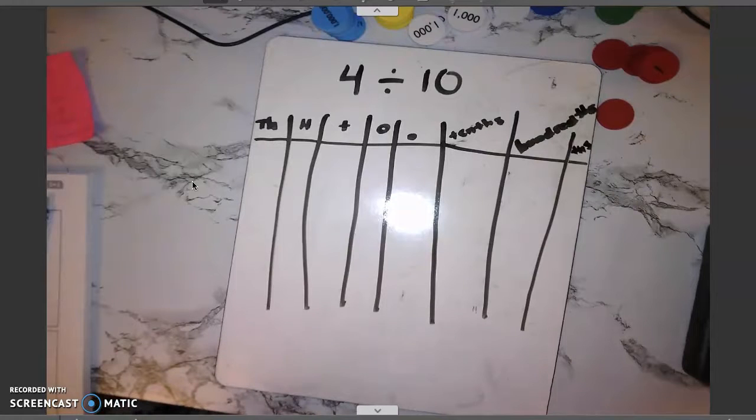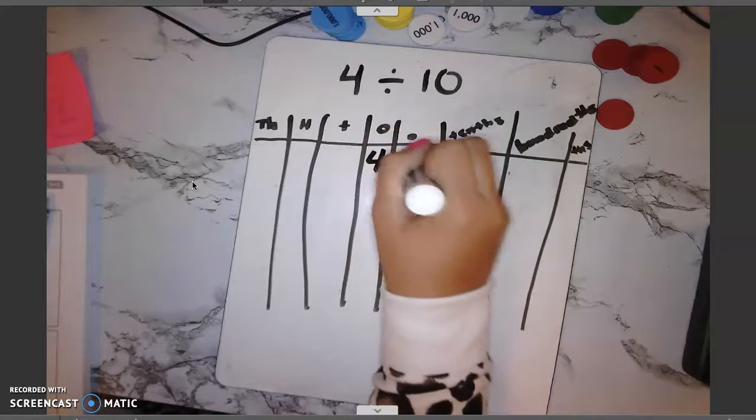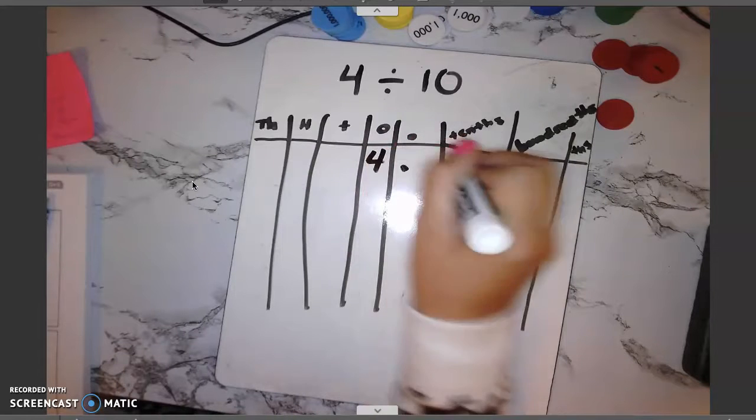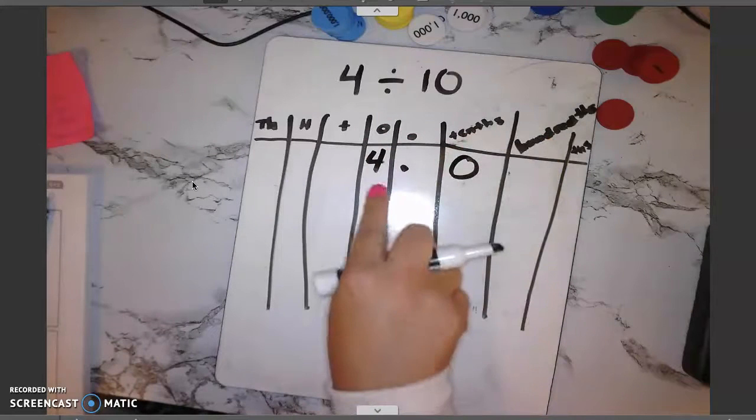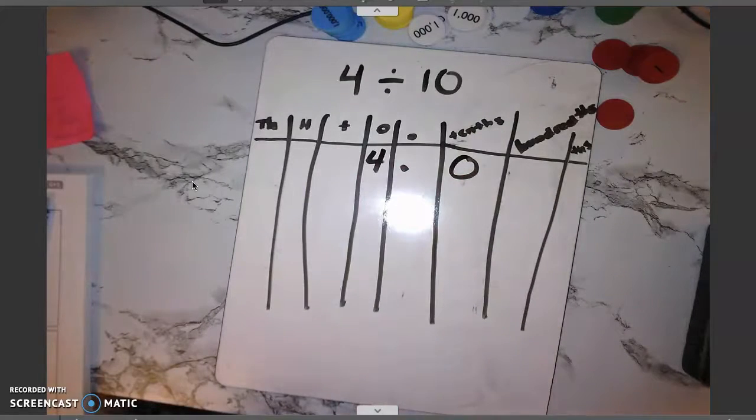Now, if I had my number 4 ones, I'm going to put a 4 in the ones place. I'm going to put my decimal point here. 4 and no tenths is the same as 4.